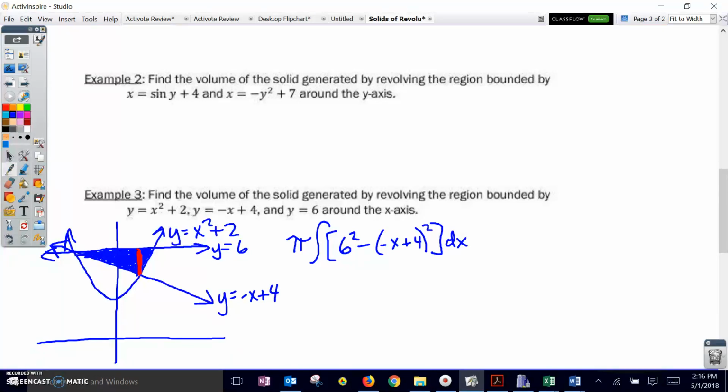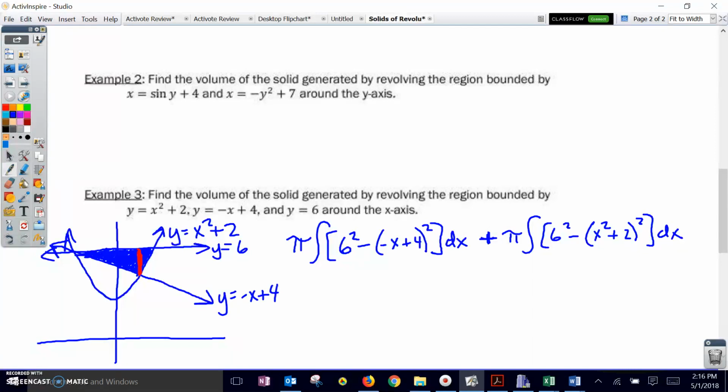And then we have a second integral, which is going to be represented by pi times the integral from somewhere to somewhere of the outer boundary squared minus the inner boundary, which now is x squared plus 2. The first one gets the volume of the solid generated to the left of the red line, and the second one gets the volume of the solid generated to the right of the red line. And so we're going to add those two together to get the total volume of the solid.